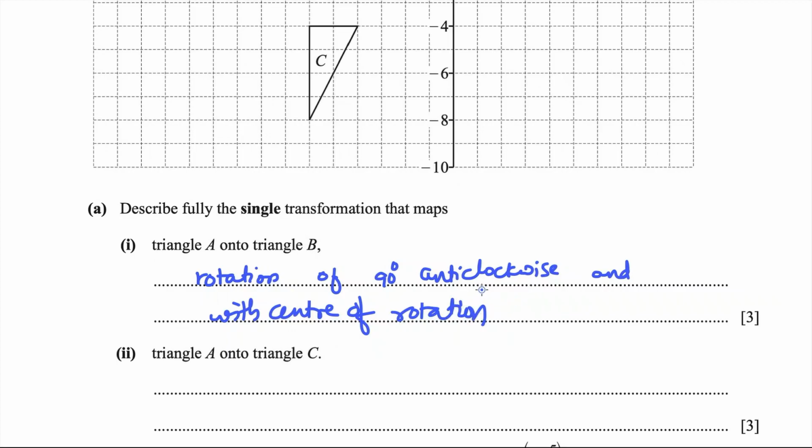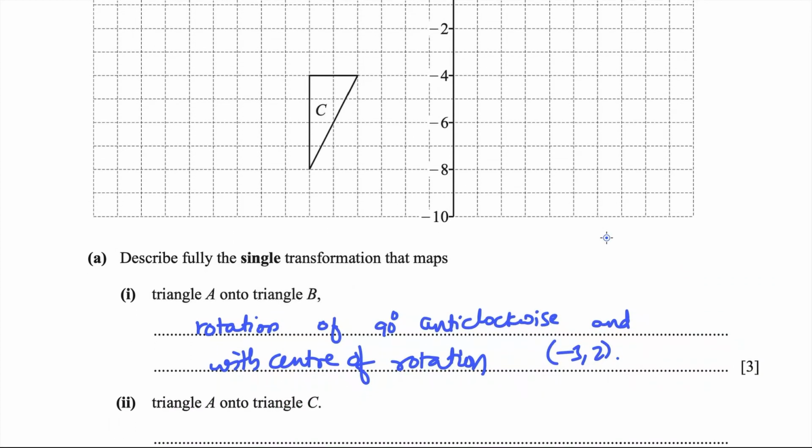You pick two sets of corresponding points, join them and find their respective perpendicular bisectors, and wherever the perpendicular bisectors meet will be the center of rotation, -3, 2. So that is part A.